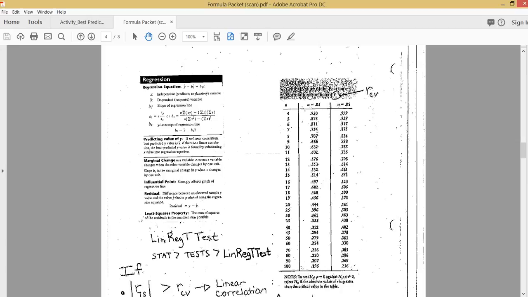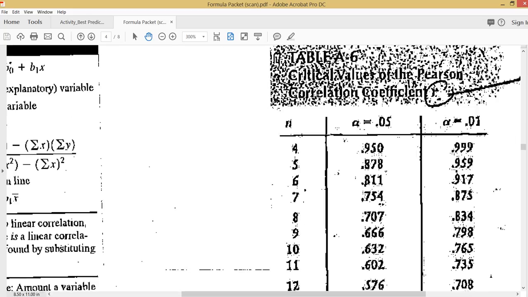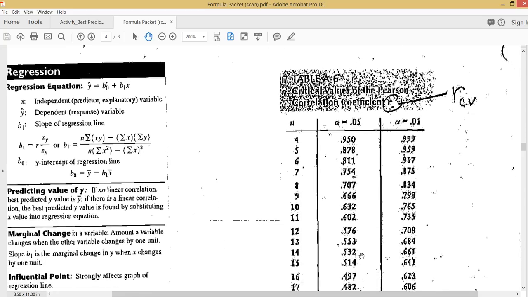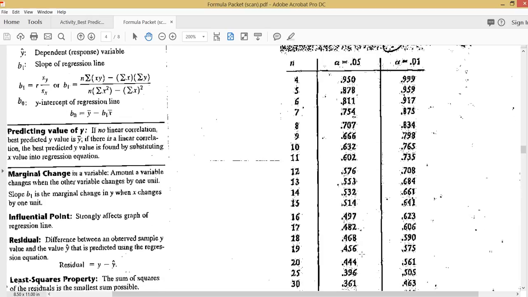And this is a little hard to read. This copy's not so great, but it does say table A6 is the critical values of the Pearson correlation coefficient R. So critical value, right? So it's RCV. So we get the critical value from this table.